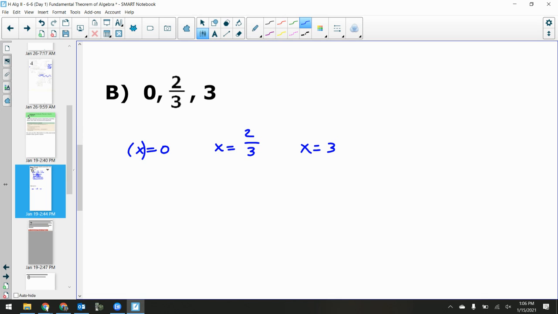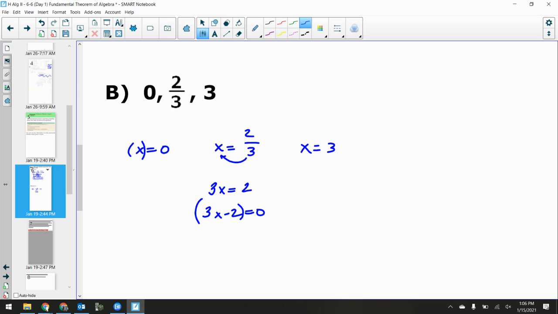Now, please, please, please do not try to use 2/3. Don't do this. We want simple. It's not technically wrong if you use 2/3, but it's going to be a lot more difficult. So here's what I suggest you do. Multiply the 3 over to the other side first. Then subtract the 2.